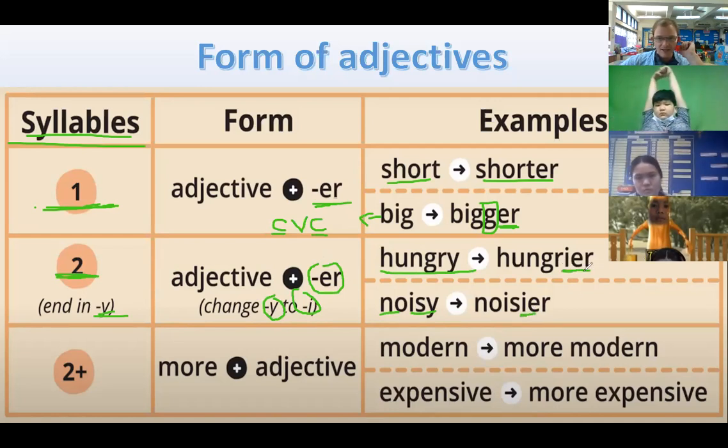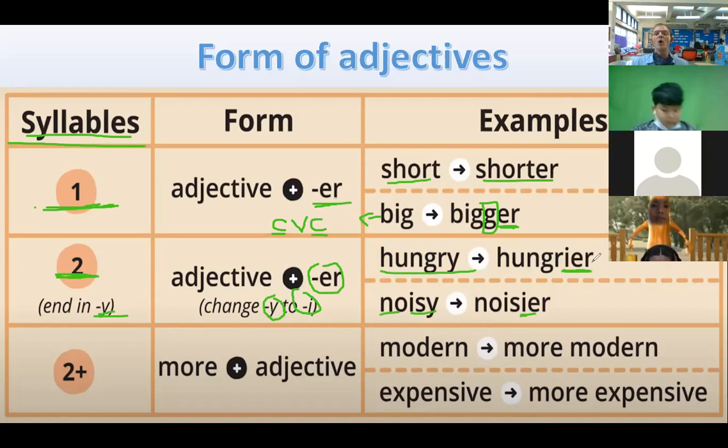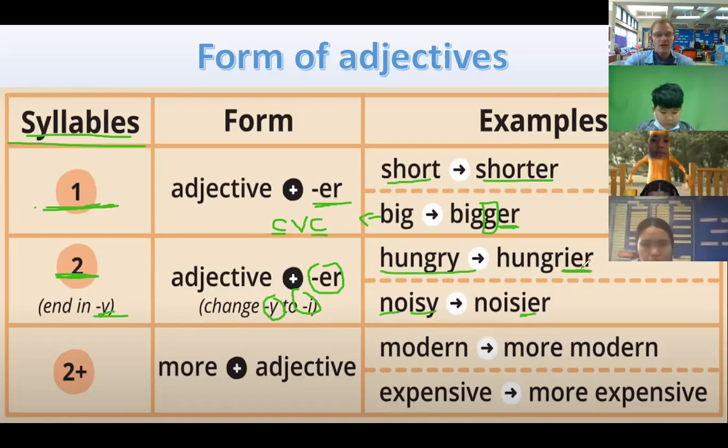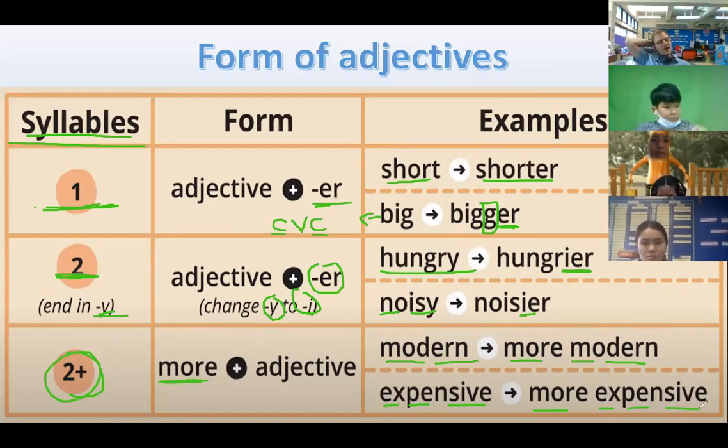But that's only if the word ends on a Y. If the word has two or more syllables, we write more before the adjective. Modern is two syllables, and expensive is three syllables. So for them, we add more: more modern, more expensive.